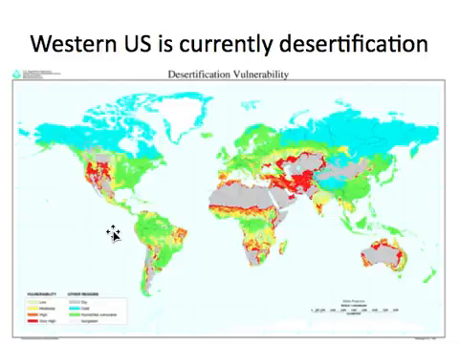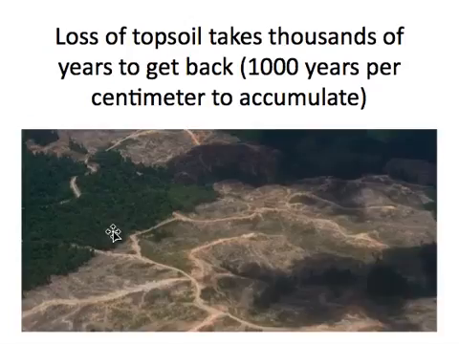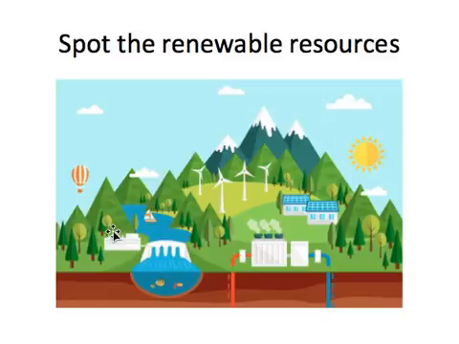So we need to be really careful about what we take down and how we alter the ecosystem. So the loss of topsoil, the top few centimeters of soil: it takes about 1,000 years for rock to erode to give us 1 centimeter of topsoil. So topsoil is so important, and it takes thousands of years to get it back.